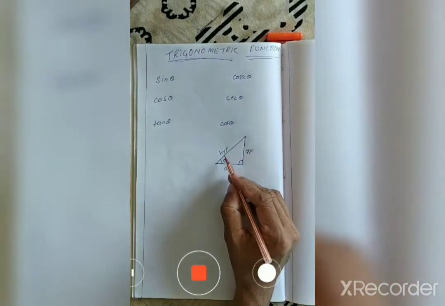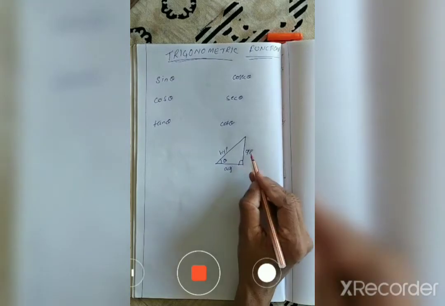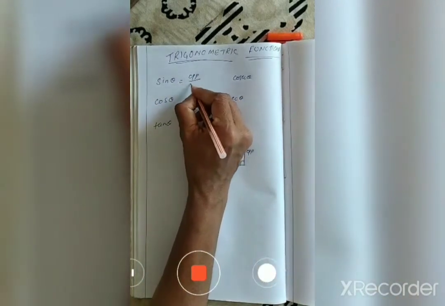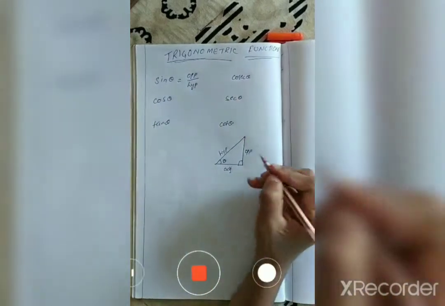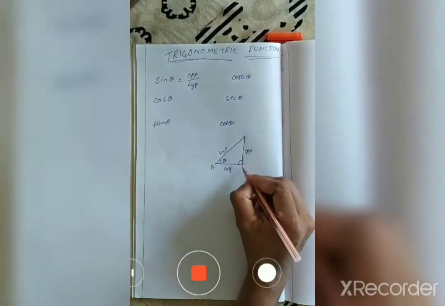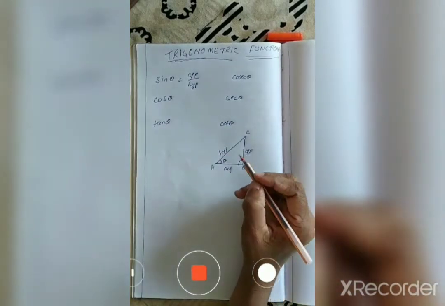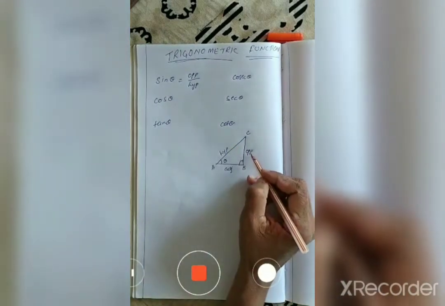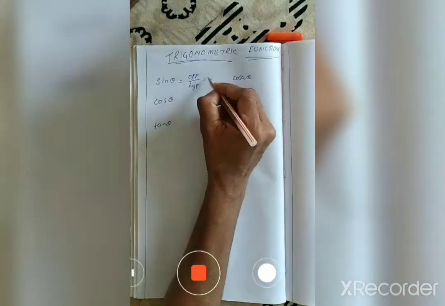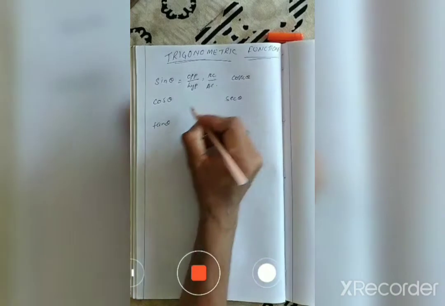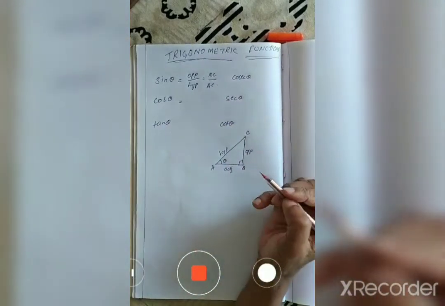Now what is sine theta? Sine of the angle theta is nothing but opposite side by hypotenuse. If you name the triangle as triangle ABC, then sine theta is opposite side, that is BC, by hypotenuse AC. Next, cos theta.